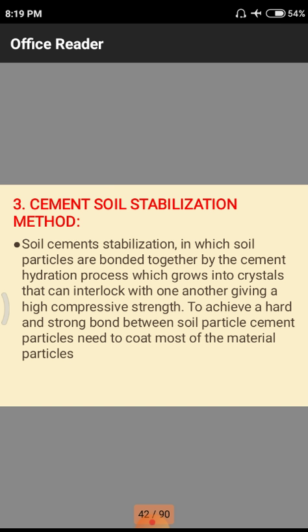In the previous case we were simply mixing lime with the soil content, but here we need to spread and coat the cement particles on the layers of the earth. With spreading and spraying, those will stack on the surface of the earth.